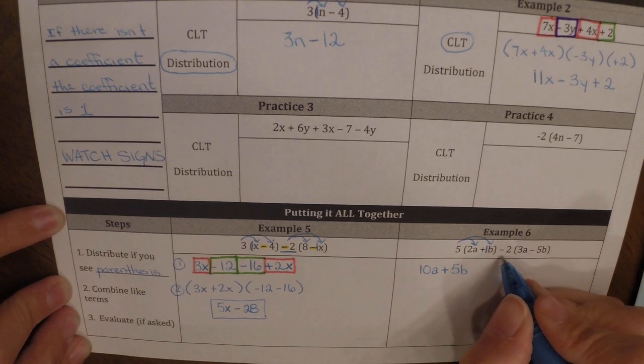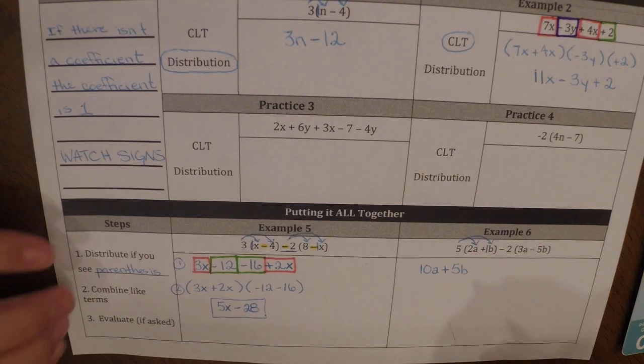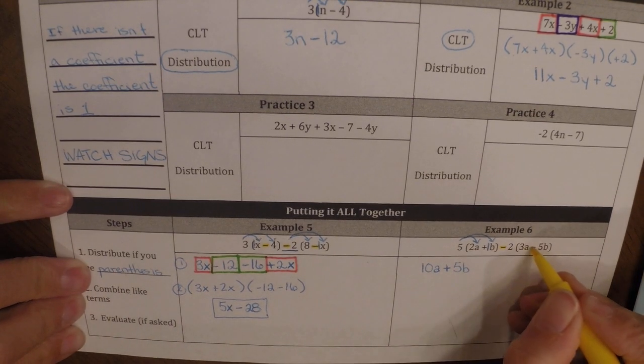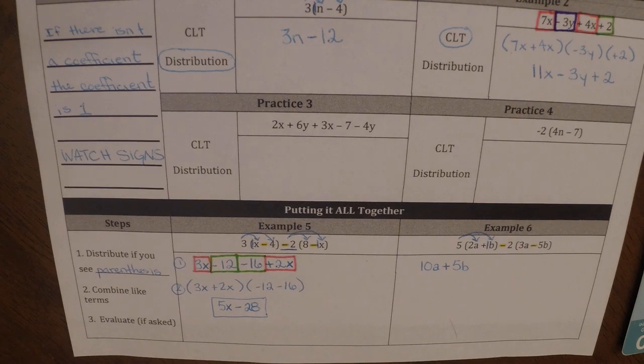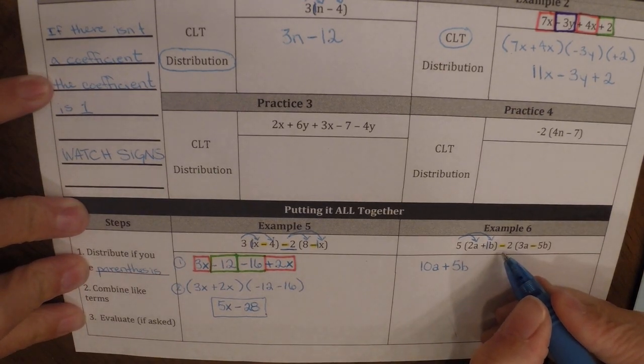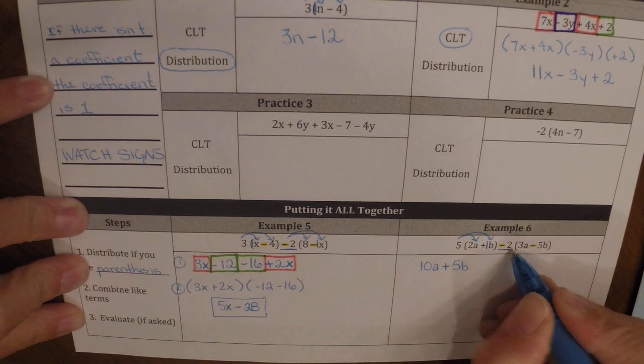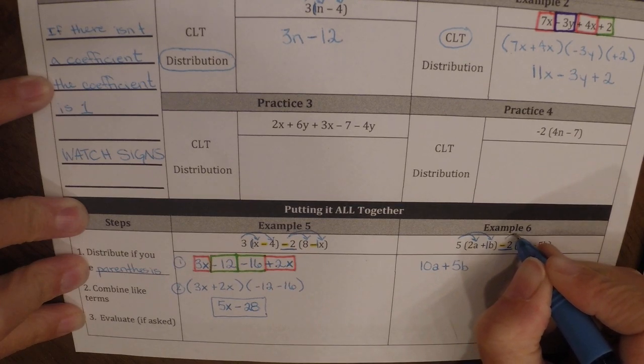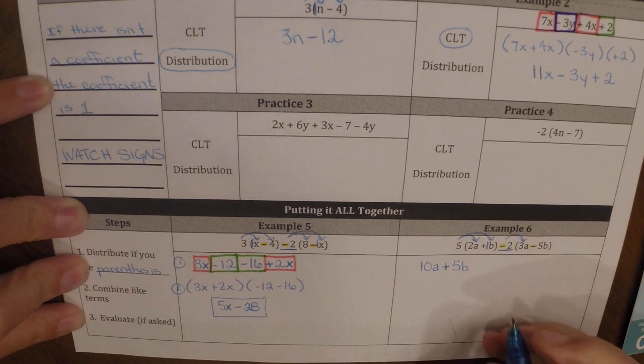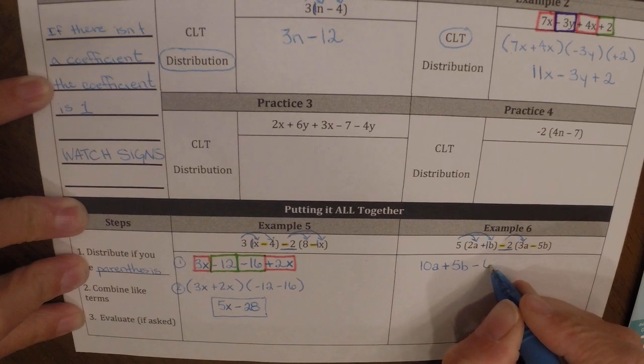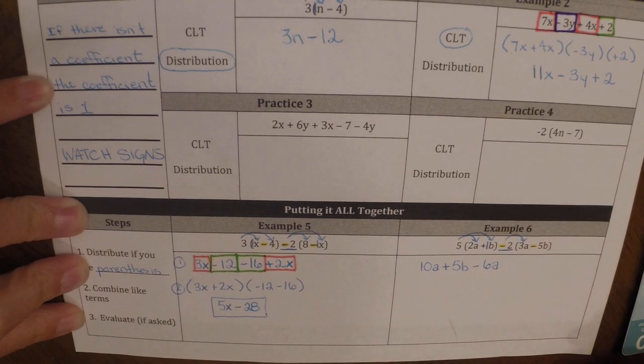And then here, again, there's one of those lovely little negative signs. Maybe I should have highlighted them so that we don't forget. So this time we're going to distribute the negative 2. So negative 2 times 3a would be minus 6a.